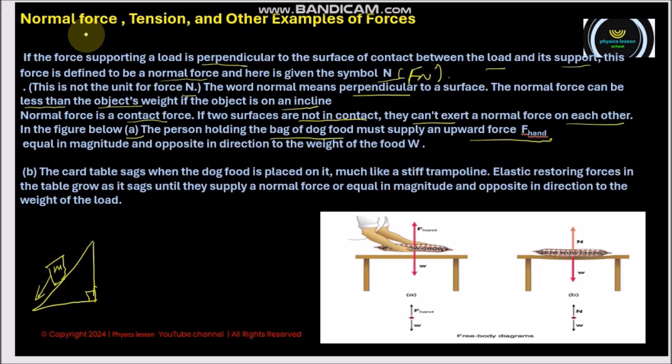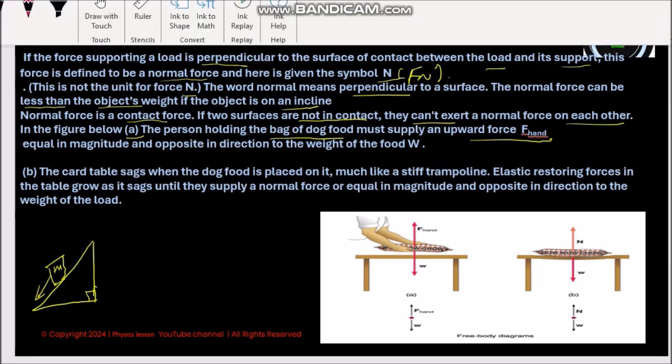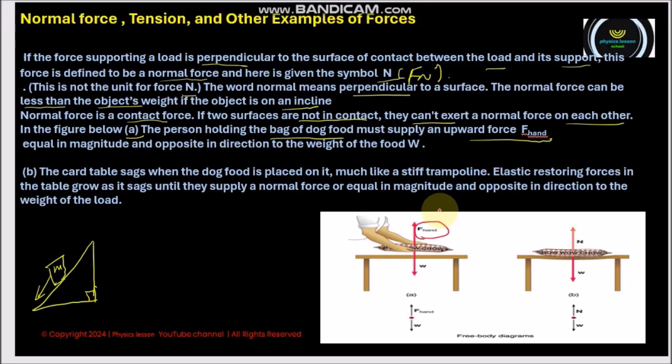This is a force exerted by his or her hand. So this upward force is the normal force. Let me draw. This is the upward force F hand of the guy or the woman, I don't know.